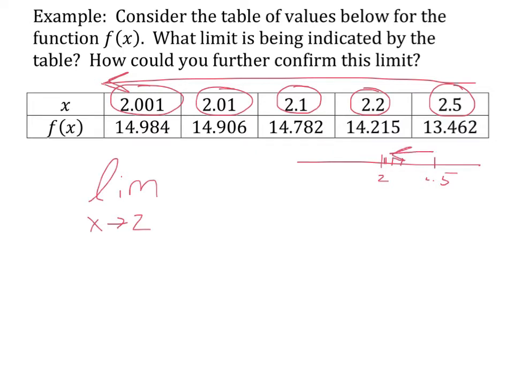Now notice, the arrow is going to the left, but that means that I'm to the right of 2, and I'm going that way. So I'm approaching from the positive side, from the right side. So this is the limit as x approaches 2 from the right of the function f of x. So we've identified it's a one-sided limit. I'm approaching from the right.